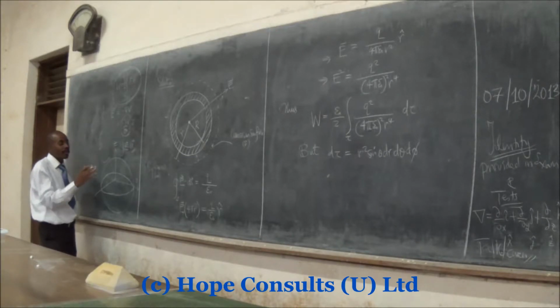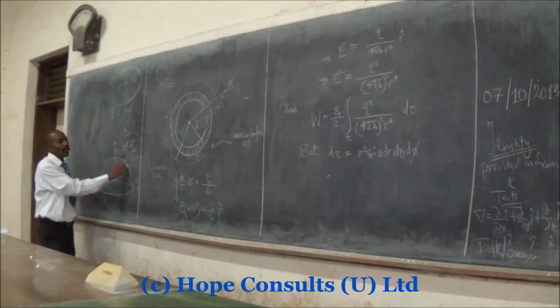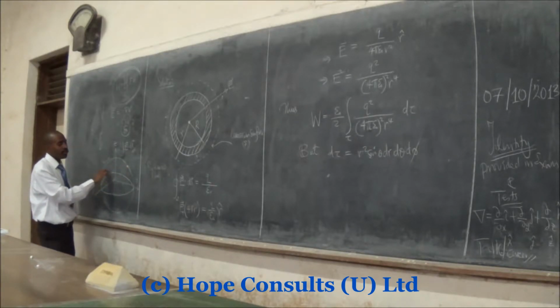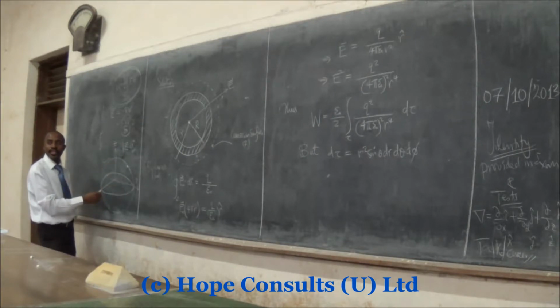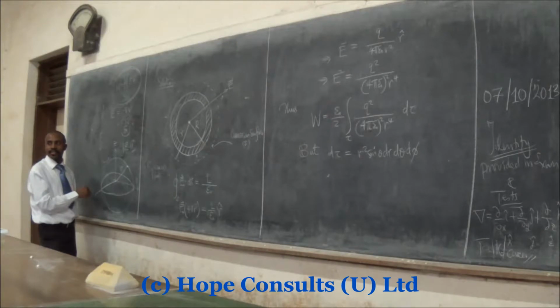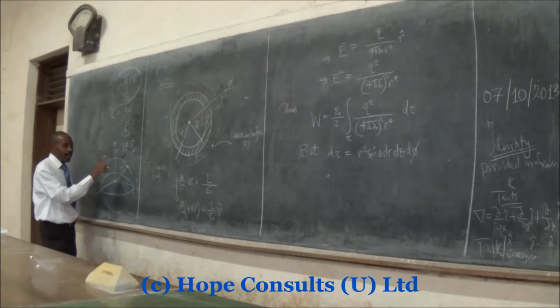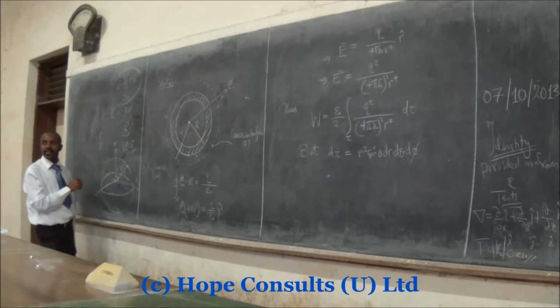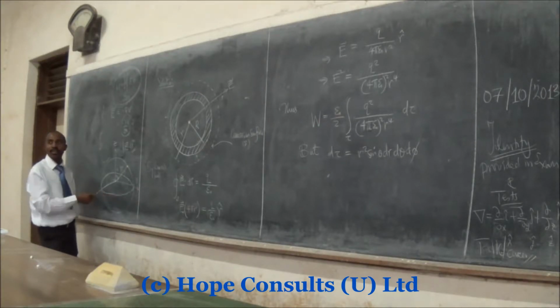So for any given point on the surface of this sphere, growing from a small sphere to a big one to a huge one, the distance from the center, or what we call the origin, is called r. Now that r makes an angle theta to the z, or the zenith.